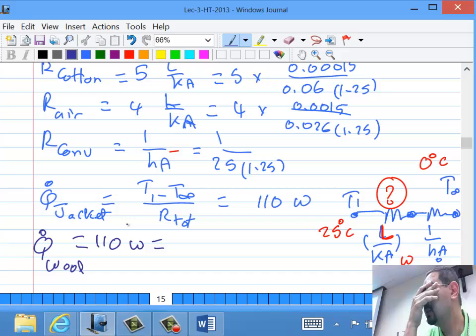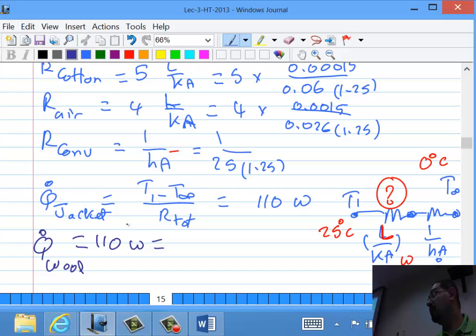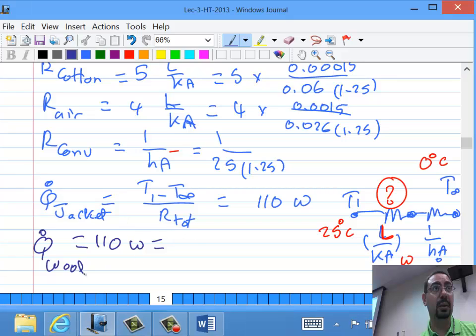The Q that will go through this new design is the temperature difference divided by the total resistance, with 2 resistances in series. Let's add them together. So it's simply 25 minus 0 divided by L over KA wool plus 1 over H out area.